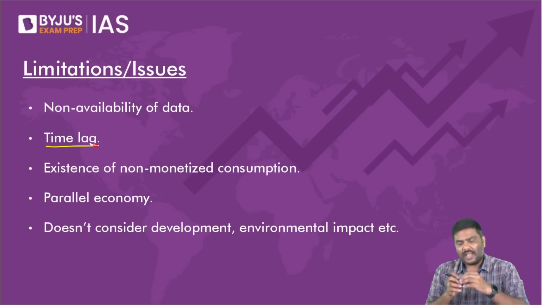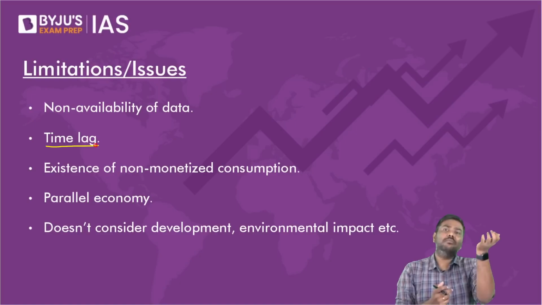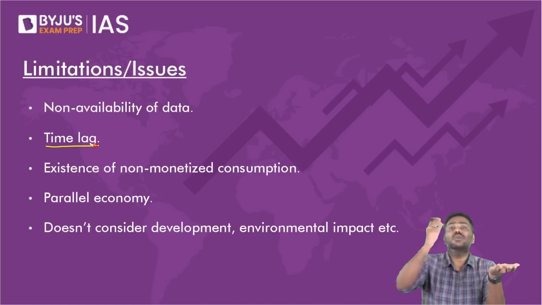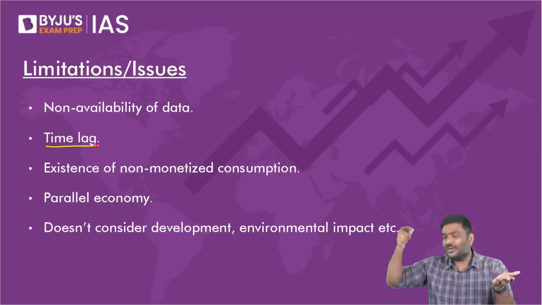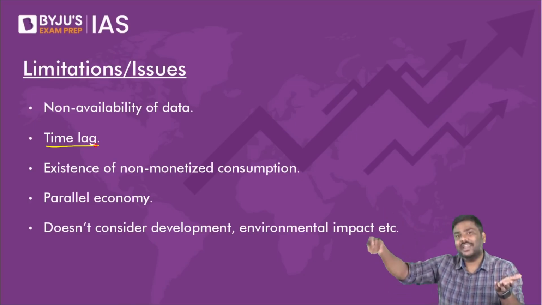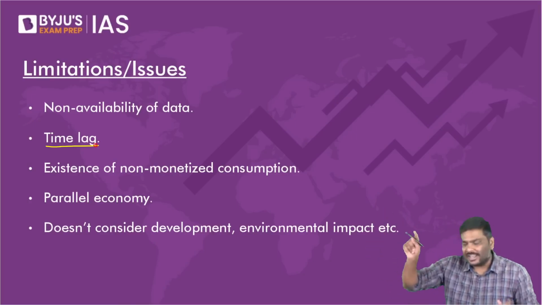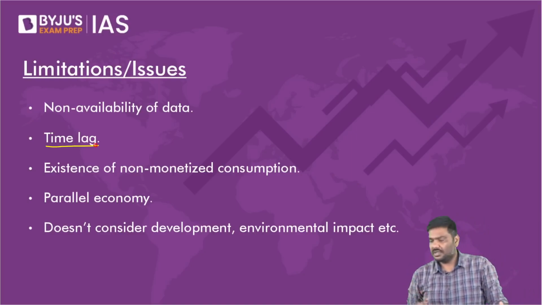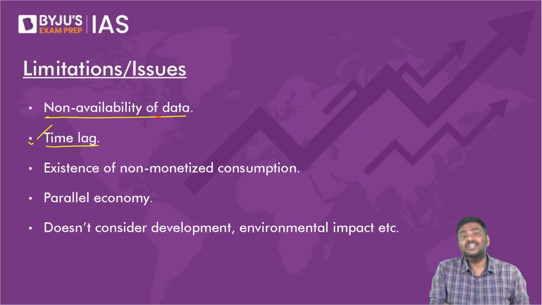The problem with a time lag is, what if you come to know the GDP number was lesser in the first quarter, but you learn about it in the middle of the second quarter? Whatever reforms or measures you are trying to take, don't you think you have already delayed? There is a delay in the implementation of the reforms. That is the first limitation regarding the GDP.